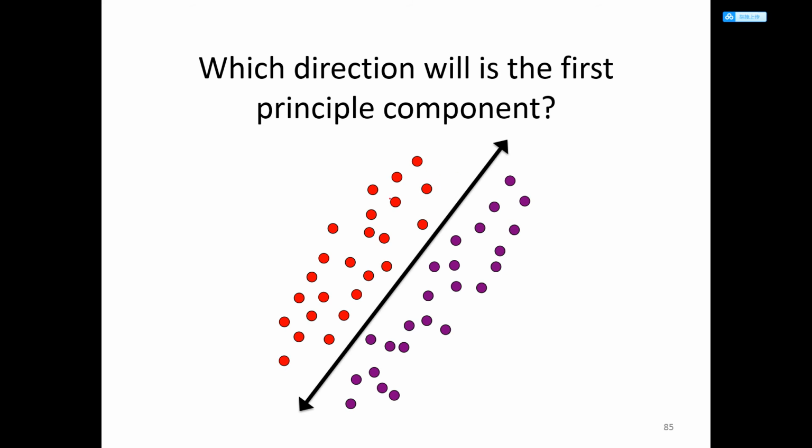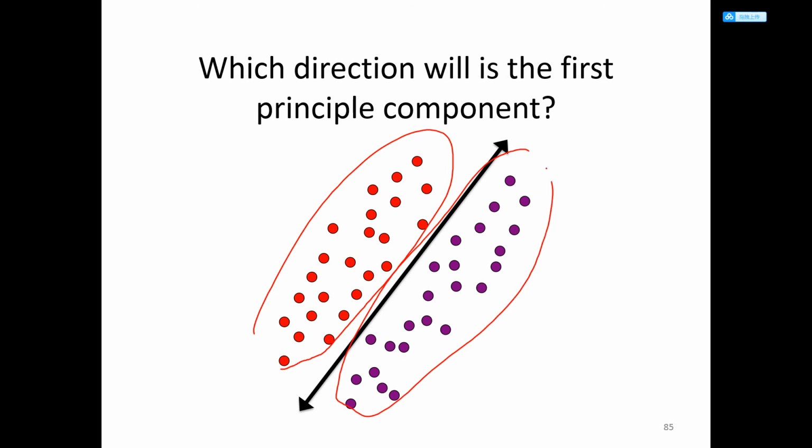Let's say this is again a face space with data points of some faces, and these two different dots are faces of two different individuals here.